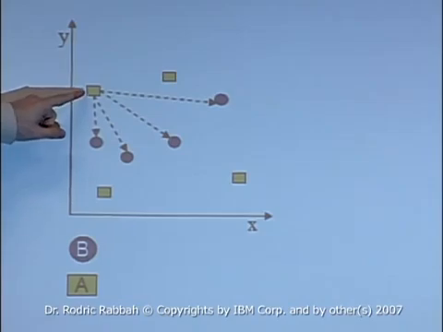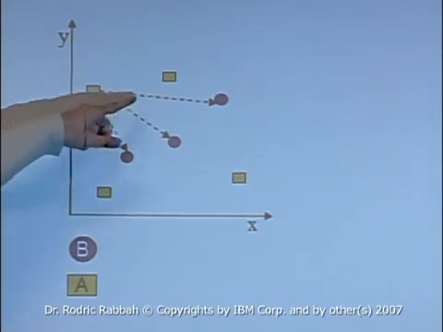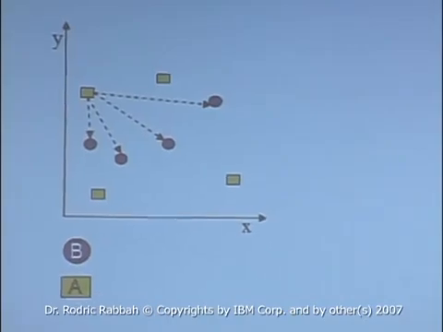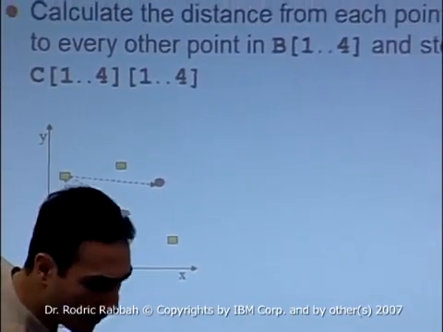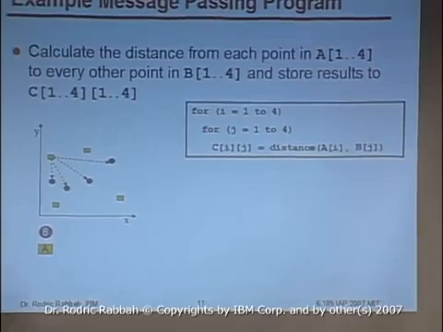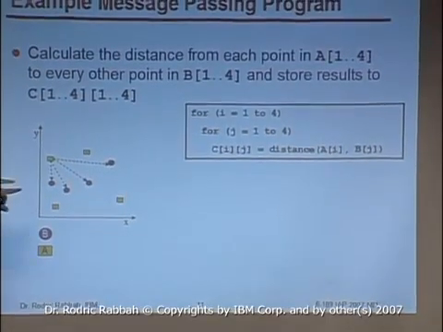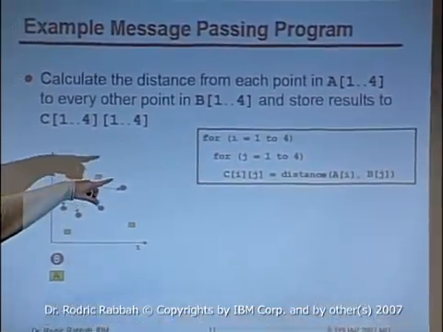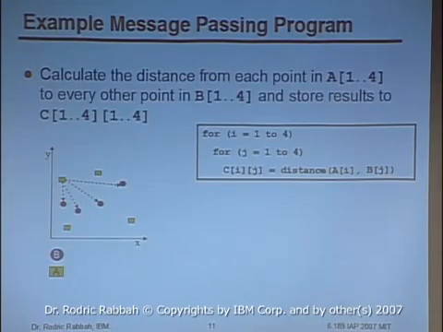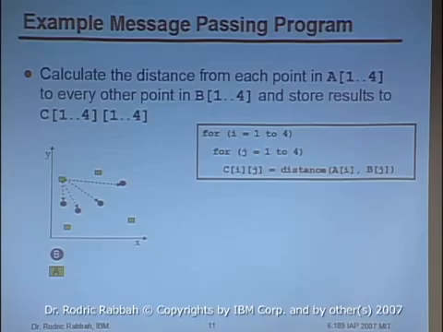And what I want to do is, for every point in A, calculate the distance to all the points in B. So there's a pairwise interaction between the two arrays. A simple loop that does this has n-squared interactions. You have a loop that loops over all the A elements, a loop that loops over all the B elements, and you calculate, in this case, Euclidean distance, which I'm not showing. And you store that into some new array.